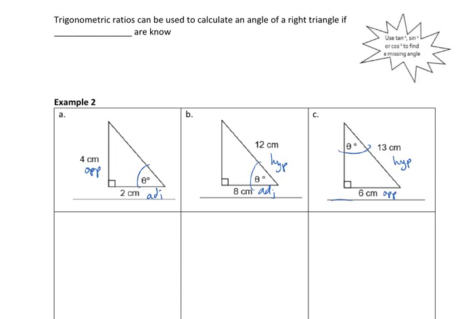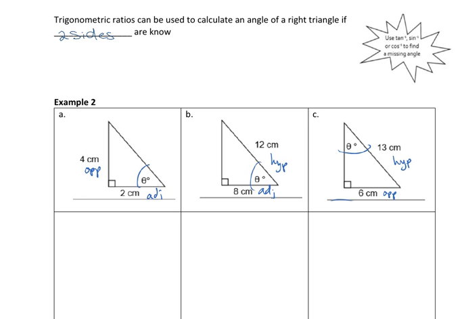So, trig ratios can also be used when I have two sides and I'm looking for an angle in a right angle triangle. Okay? Please tell me you have this, right? So, in a right angle triangle, if you know two sides, then you can solve for an angle.